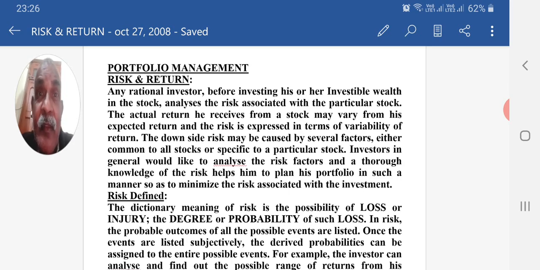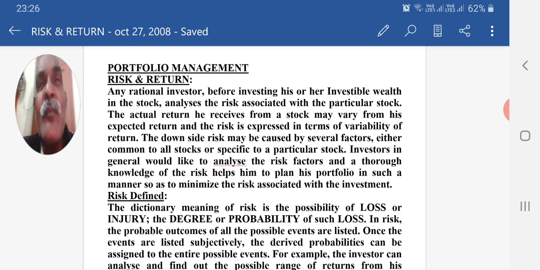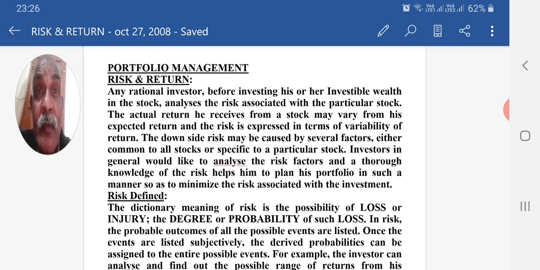If we suggest our grandfather invest money in the stock market, they may say, can you write on a stamp paper that you will give me return at a fixed rate every year? I told my father, sorry, I cannot write. Then my father told me, then stop advising me. Don't tell me to invest money in the stock market.